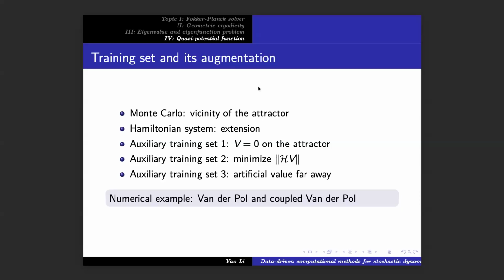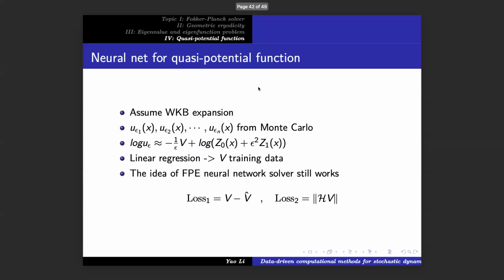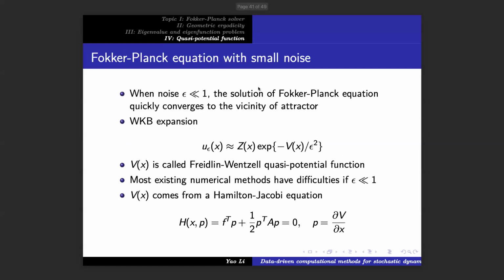The idea is that it's a Hamilton-Jacobi equation. So although you don't know V globally, you do know that you can integrate on each characteristic line of this HJE, and then you know the value of V on these characteristics.